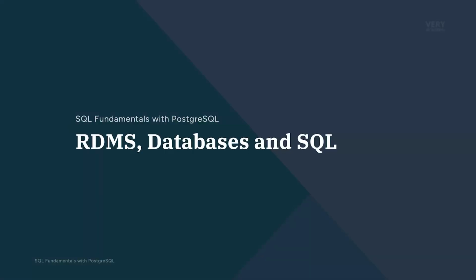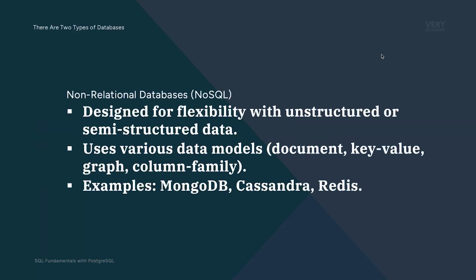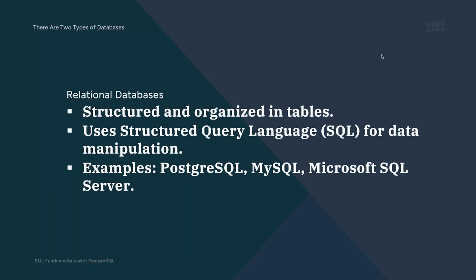Before we jump into the core of this course, it's important to understand the foundational concepts that will be driving much of what we do. In this tutorial, I will introduce relational database management systems, databases or relational databases, and SQL. Databases can be broadly classified into two main types: the non-relational database or NoSQL, and relational databases, SQL databases.